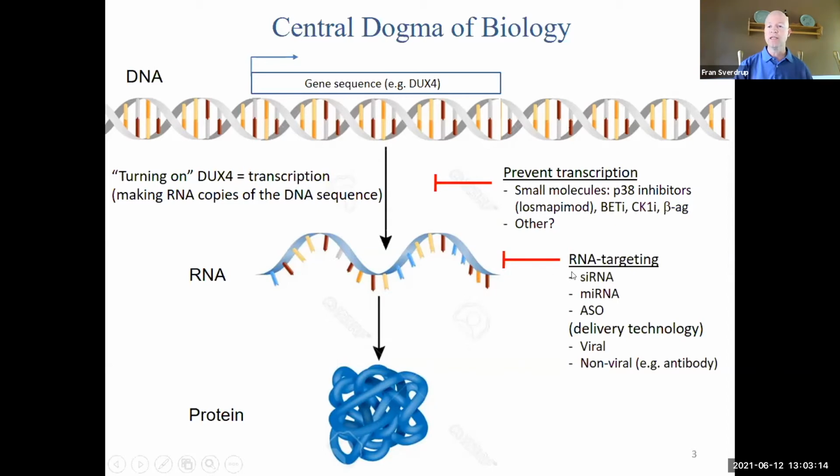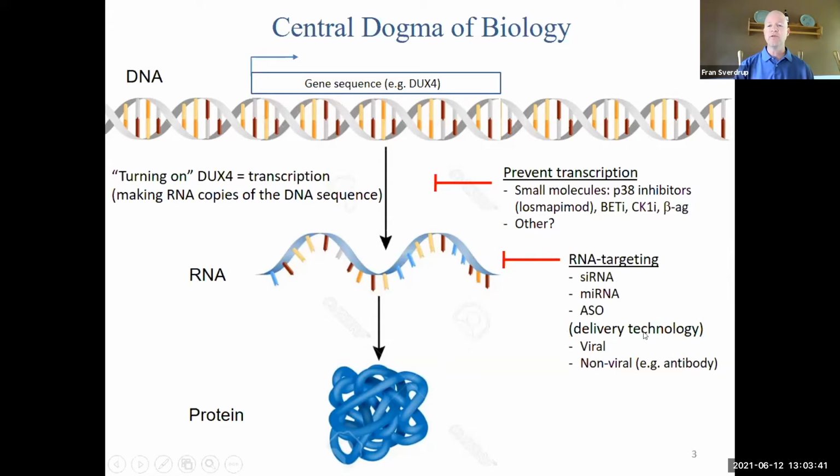Another strategy, again, is targeting the RNA, as Eric again mentioned, with different types of molecules that will cause the degradation or block this RNA function. And Kelly will talk about this in the next talk. And a key here is that these are generally not something you could take with a pill. They have to be injected in some sort.